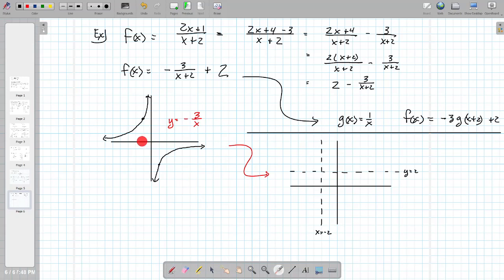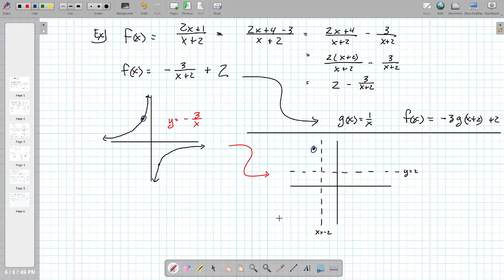Note here, our horizontal asymptote is y equals 0 over here. This is 3 units above the horizontal asymptote. So it'll be 3 units above the horizontal asymptote here. So we get 1, 2, 3. That would be this point. I'll circle them so that we can see where the points are shifting to.